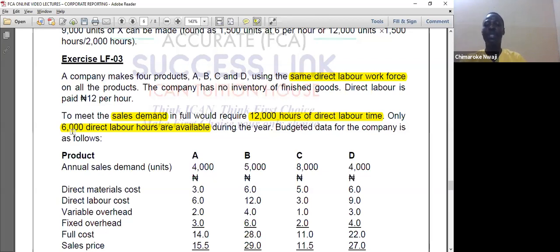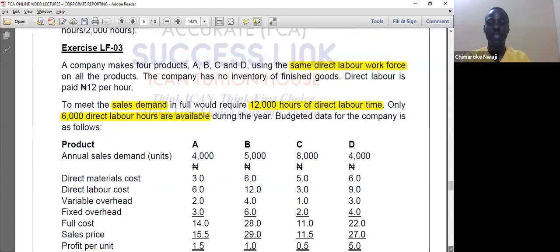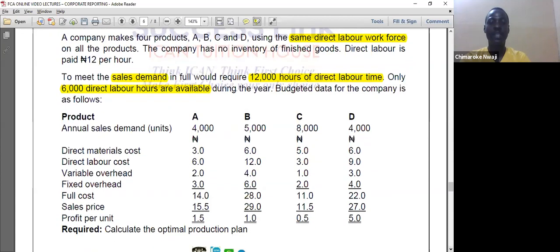So you see, requirement is 12,000, availability is 6,000. There is a shortage of 6,000, and that makes it your limiting factor. Budgeted data for the company is as follows. Now look at the budgeted data.